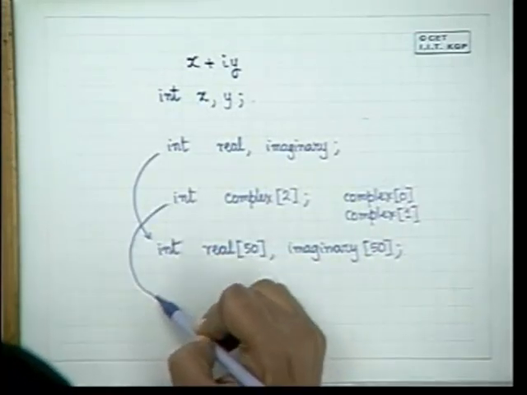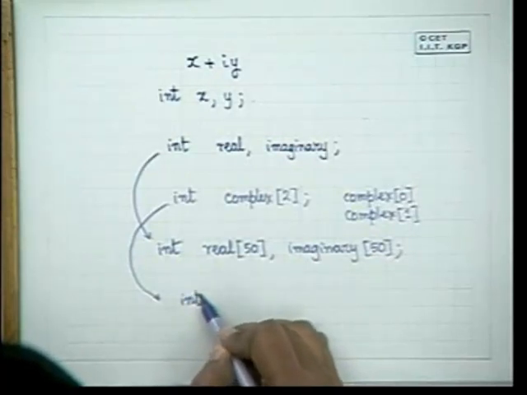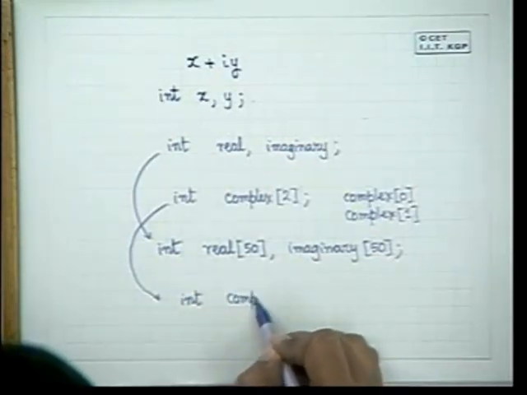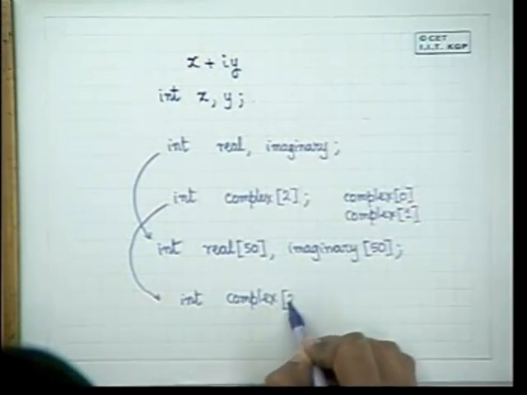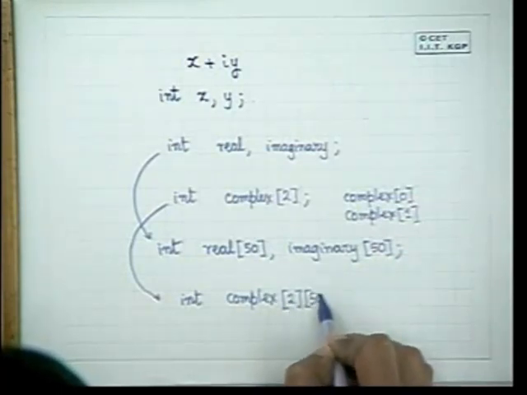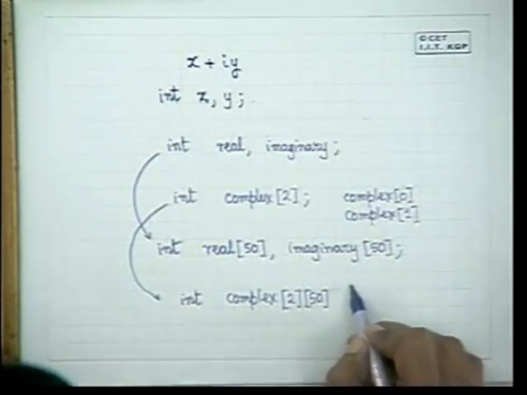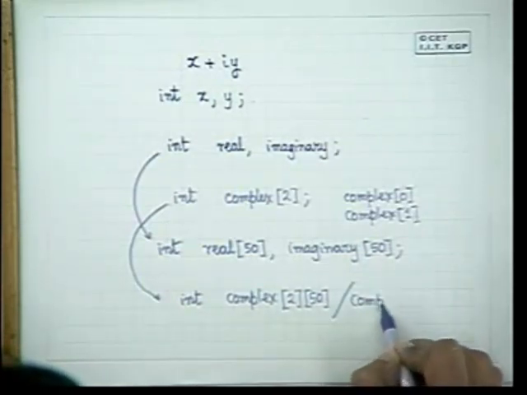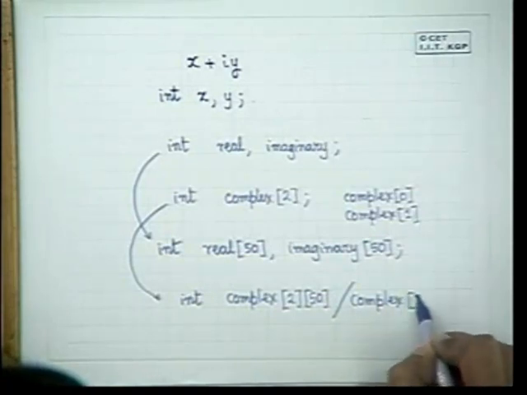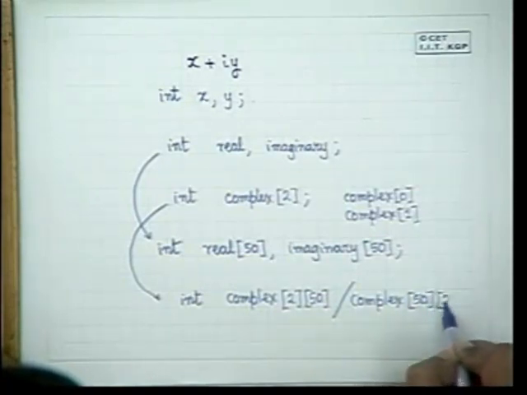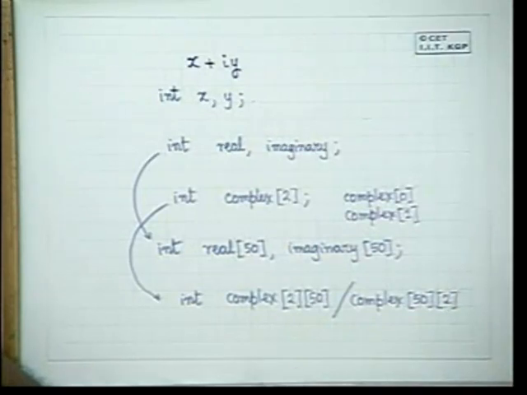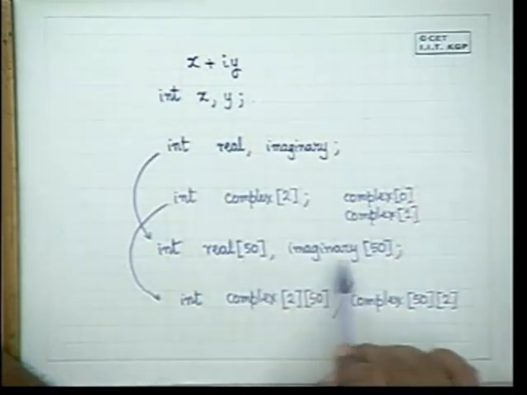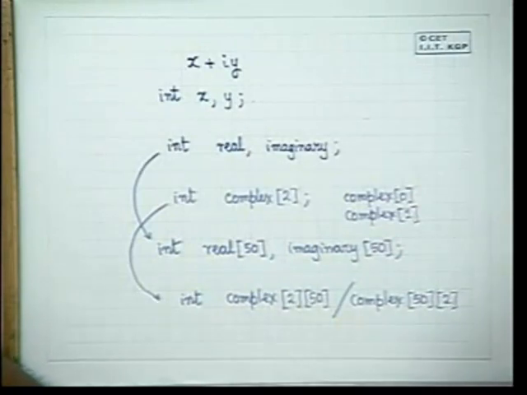Either 50 by 2 or 2 by 50, these are the two ways in which you can define the complex numbers. And in order to operate on them, you would have had to operate on each individual data.